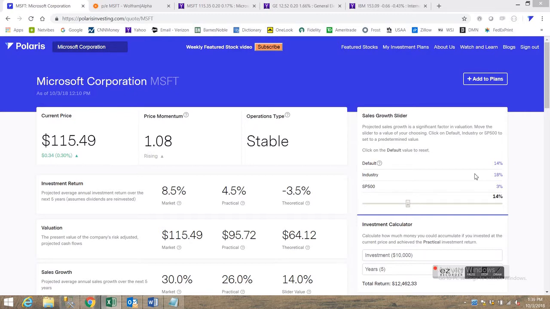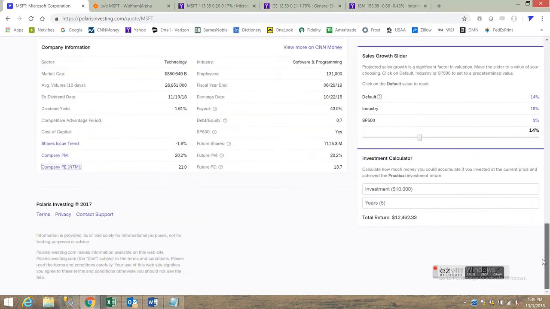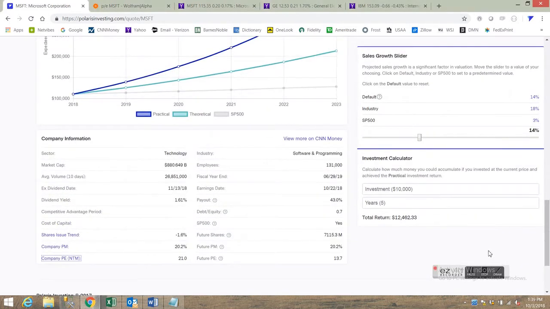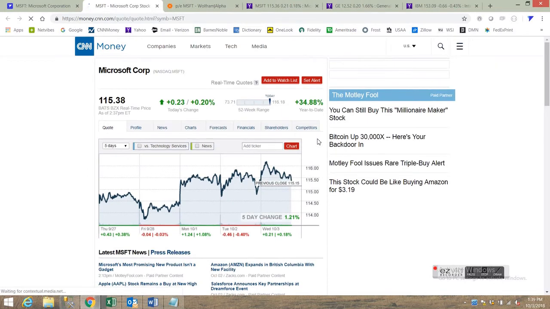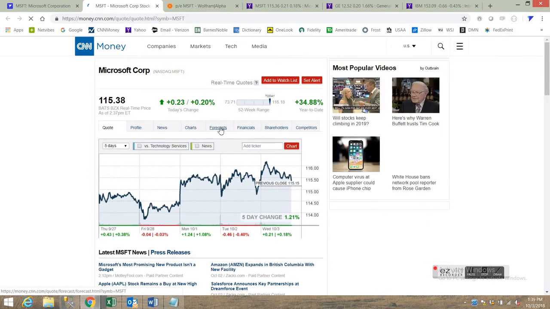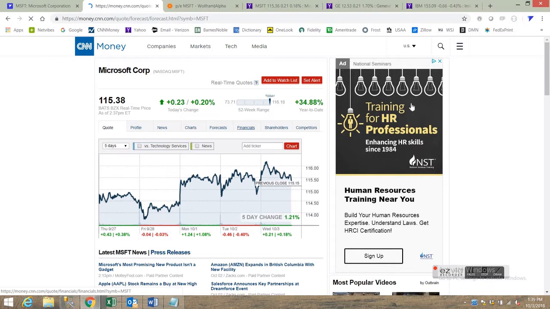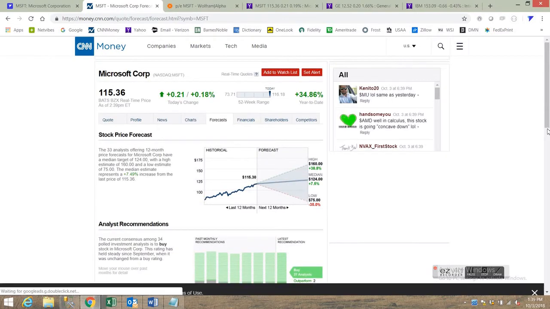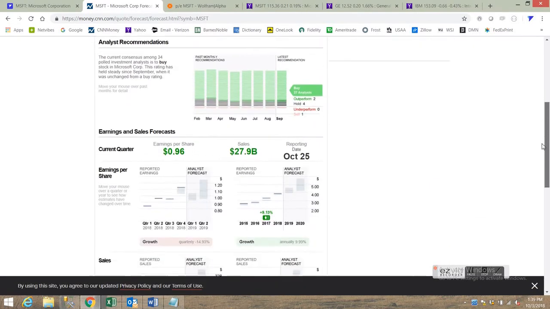Well, sales growth is defaulting to 14. So the question is whether 14 is correct, or appropriate. We're never going to know whether it's totally correct or not. So the way we typically do that is come down here and go off to the CNN site and look at the forecast section, and then scroll down to see what it's forecasting for sales.